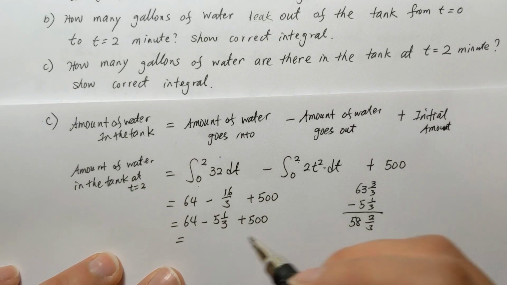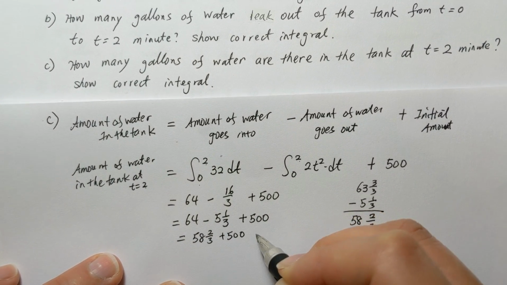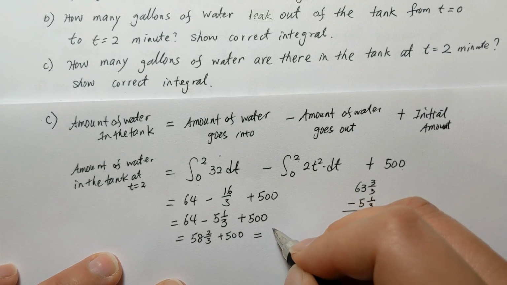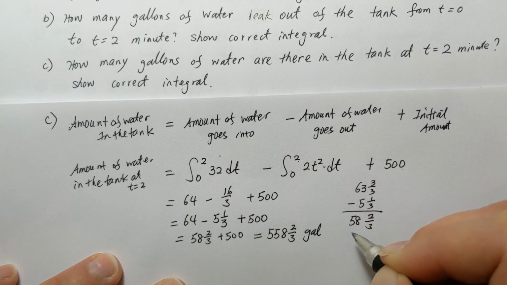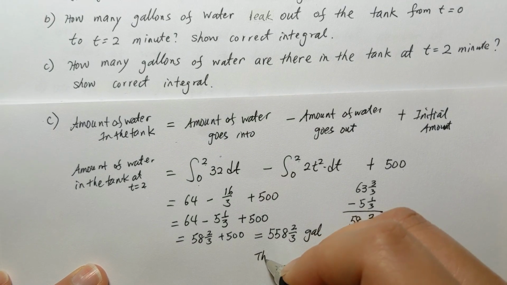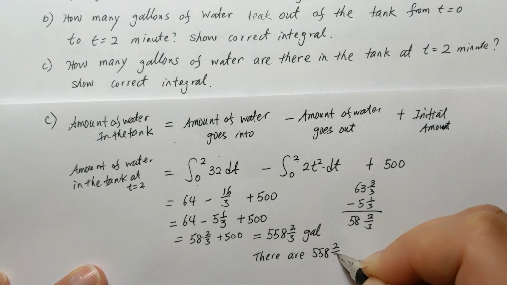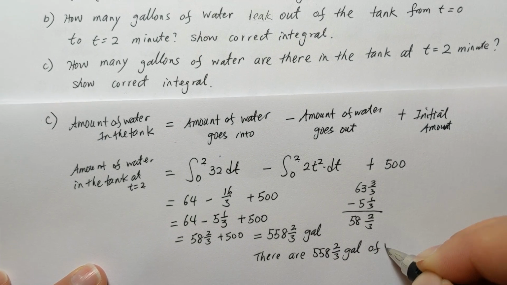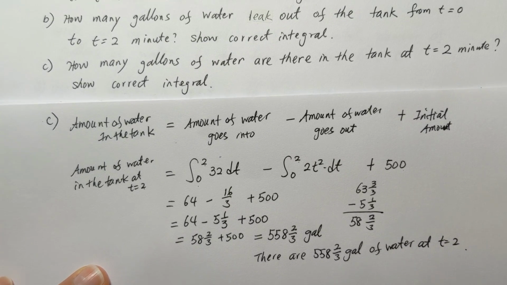So we go back here, we got 58 and 2/3 plus 500. So we're going to get 558 and 2/3 gallons of water at t equal 2. So there are 558 and 2/3 gallons of water at t equal 2.